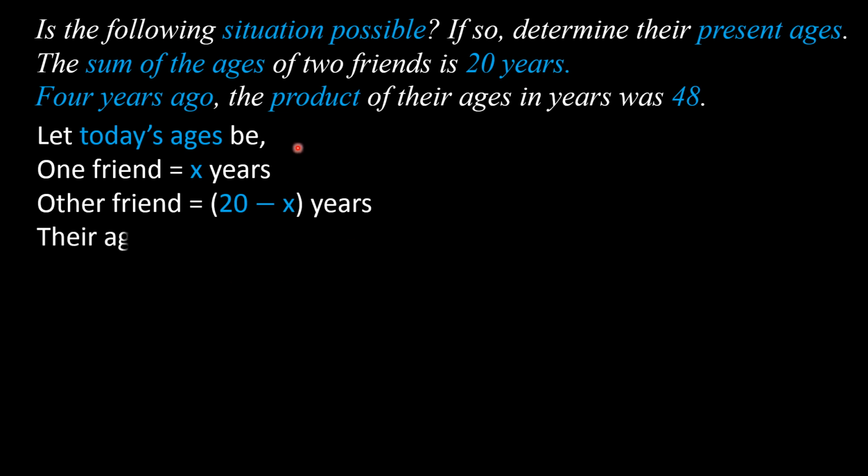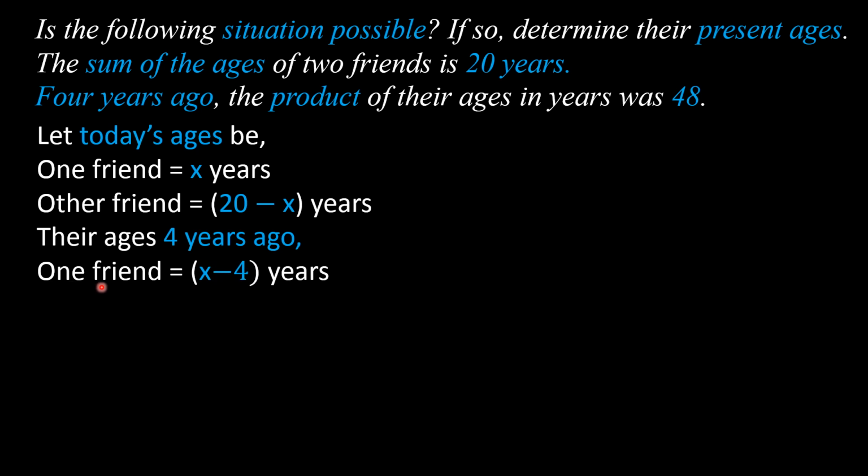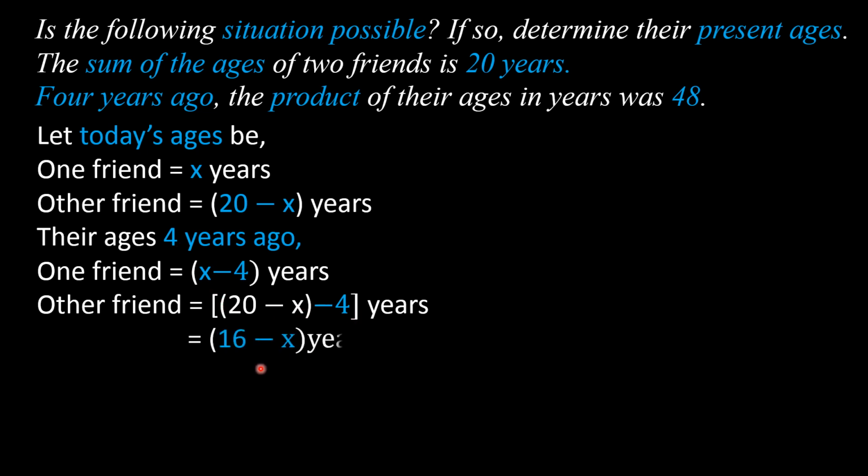Now their ages 4 years ago. One friend's age will be x minus 4 years and the other friend's age will be 20 minus x minus 4. So 20 minus x minus 4 will be 16 minus x.